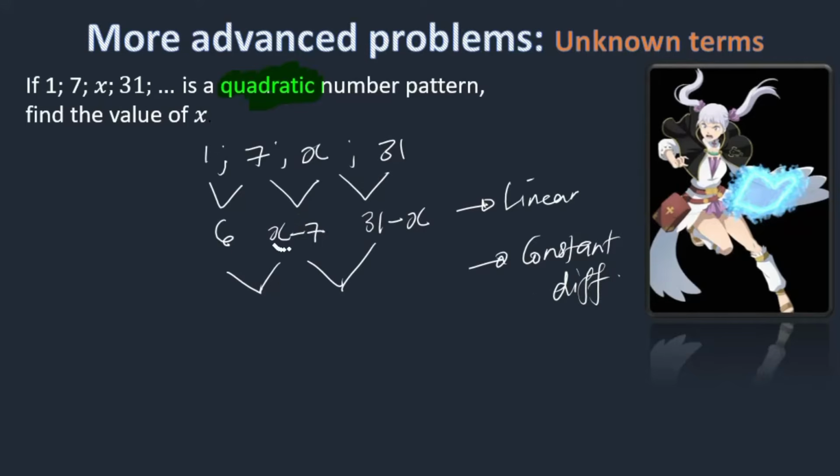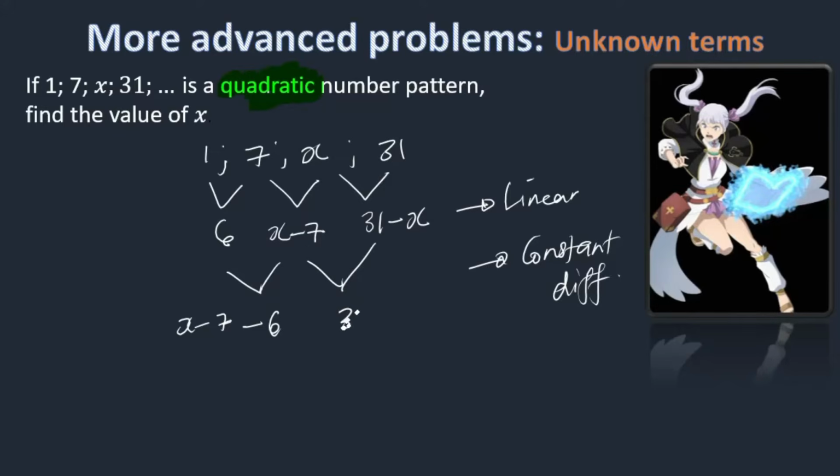Which means these values should be the same. But rather, what do I have? I have x minus 7, subtract the 6. What's happening? I'm even drowsy. Minus 6, minus the 6, right? And then I have this part here minus this part should give me this, right?